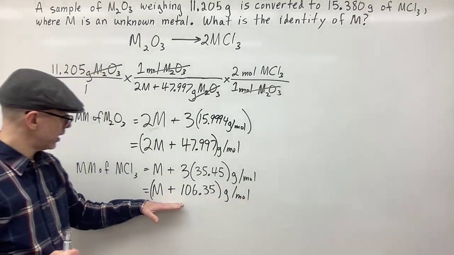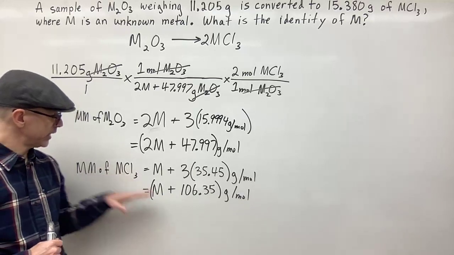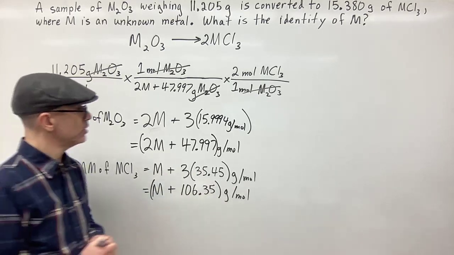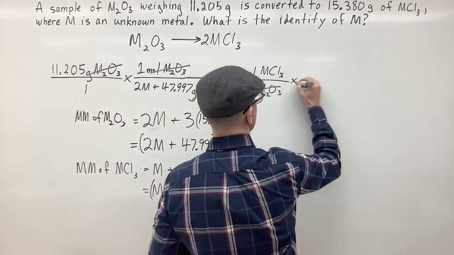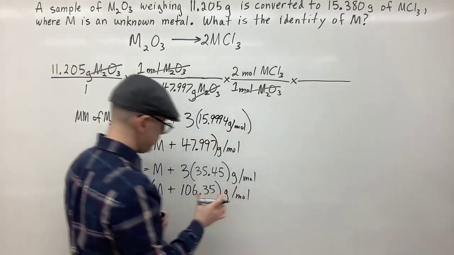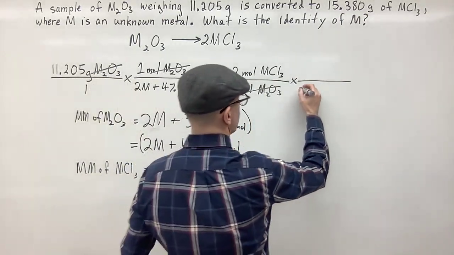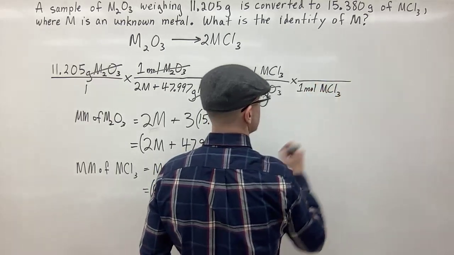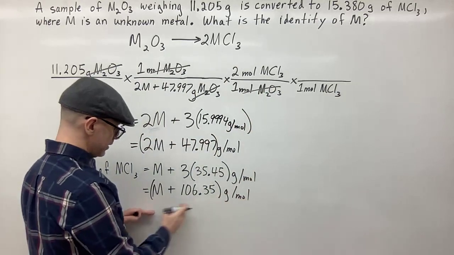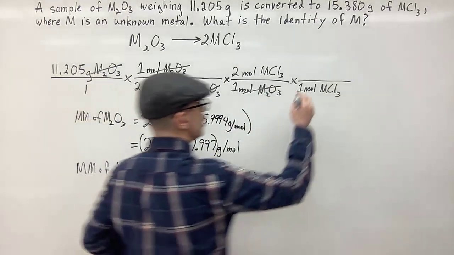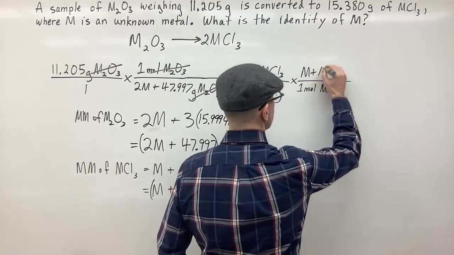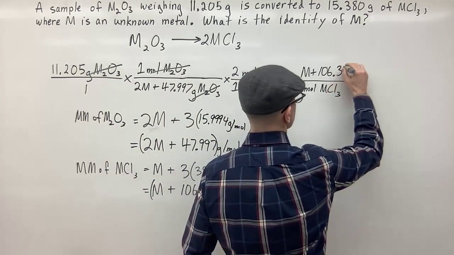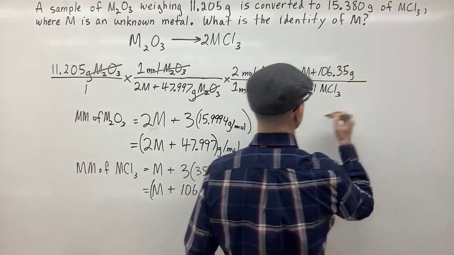So now I have the molar mass of MCl3 in terms of the molar mass of M plus that of chlorine. Now I can use that as a conversion factor to convert to grams. This time the moles are going to be on the bottom: 1 mole of MCl3 on the bottom, and then the grams on top. So it's going to be M plus 106.35 grams.